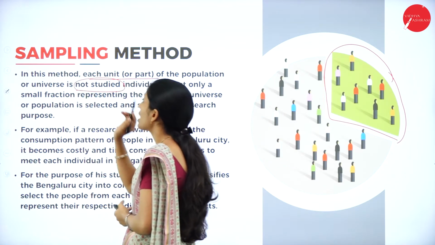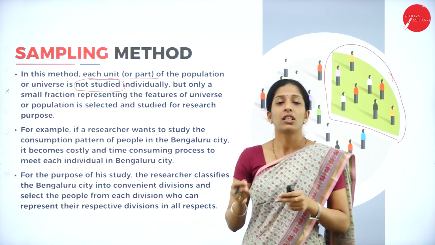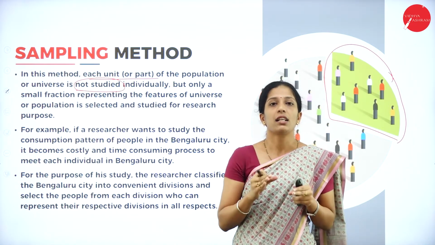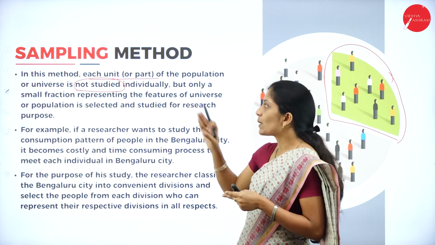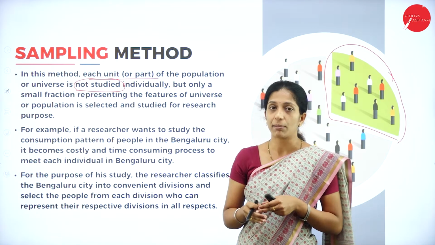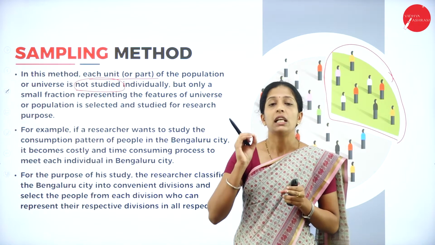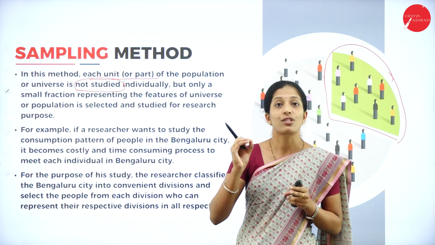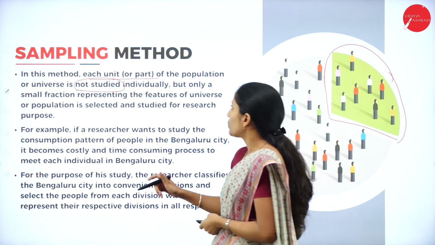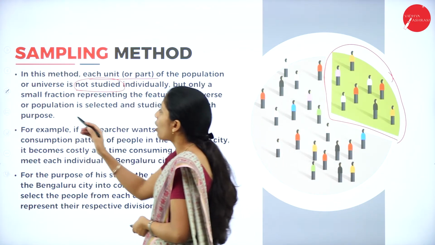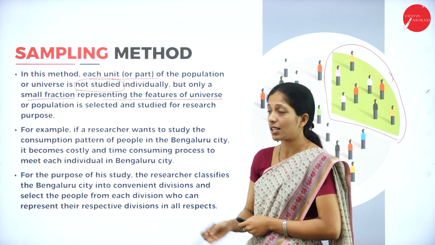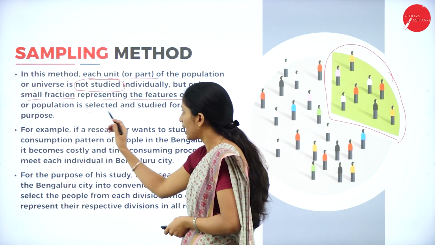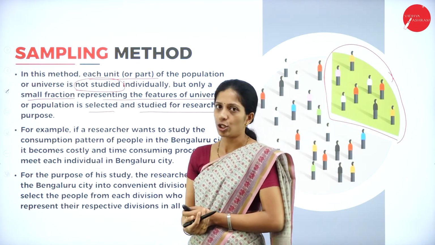Remember this, whereas in the census method they study each individual person or unit, this does not happen in the sampling method. In the whole population, each and every individual is not studied individually, but only a small fraction representing the features of the universe or population is selected and studied for the research purpose.